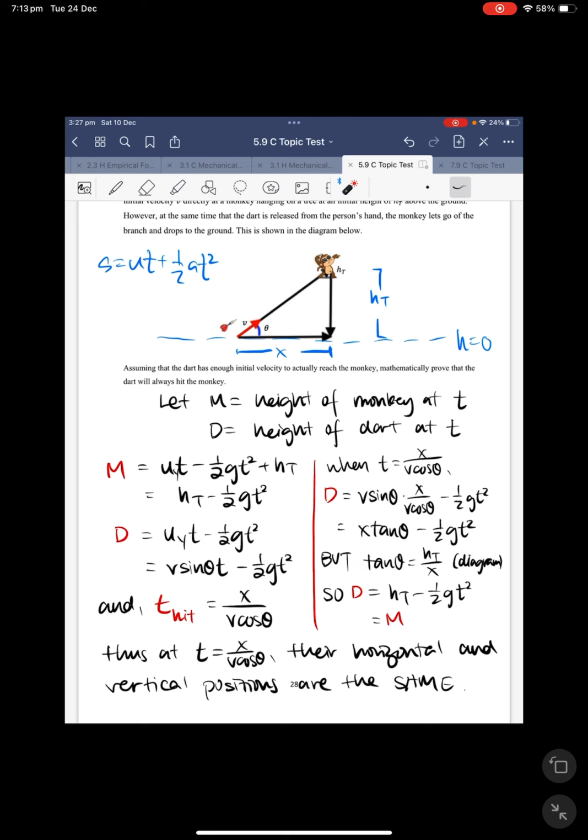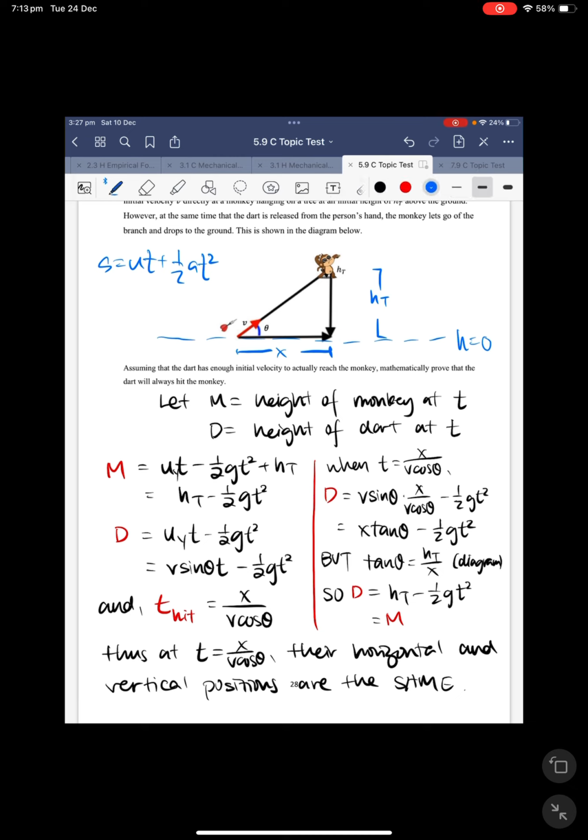Also, we want to calculate the time at which the dart will theoretically hit the monkey. We can first consider what times the x displacements will be equal. Well, the x displacement of the monkey is not changing because it's just falling straight down. So the x displacements will be equal when the dart travels this distance of x.